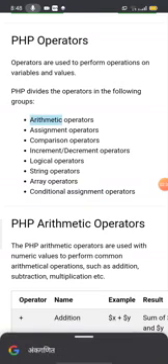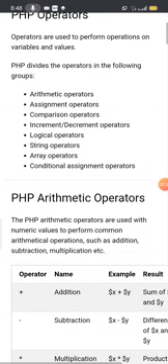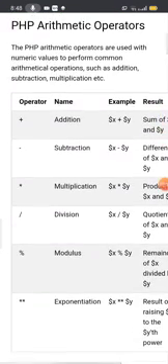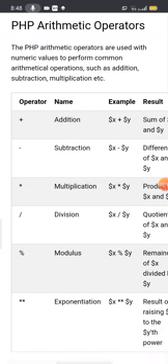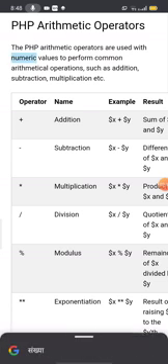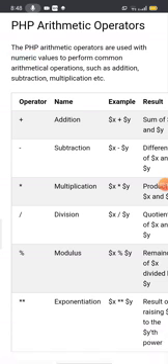First is the arithmetic operator. Let us start with it. PHP arithmetic operators are used with numeric values. The word numeric is very important over here. Remember, whenever the mathematical term arithmetic is used, we are going to deal with numbers.